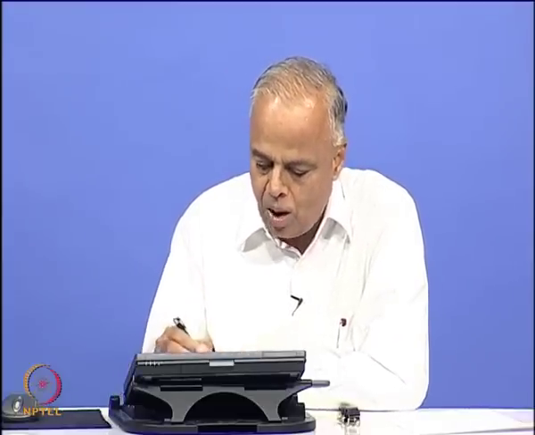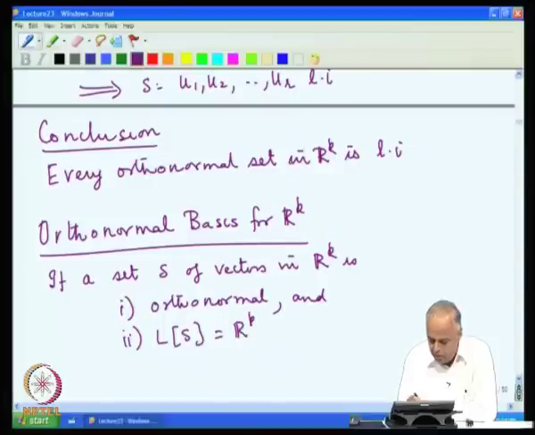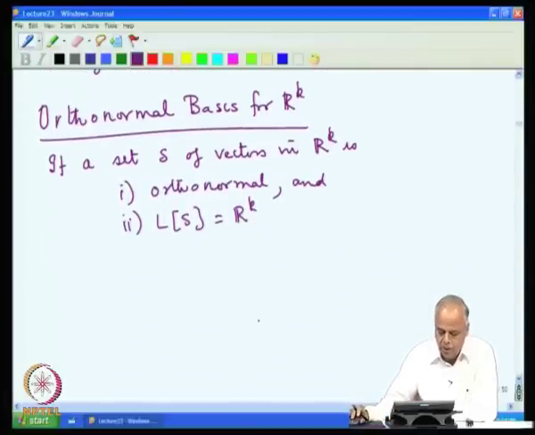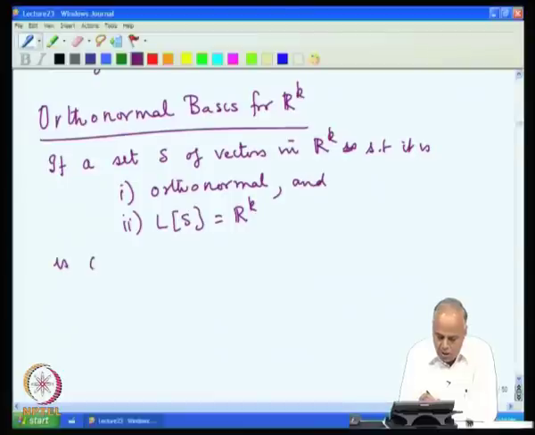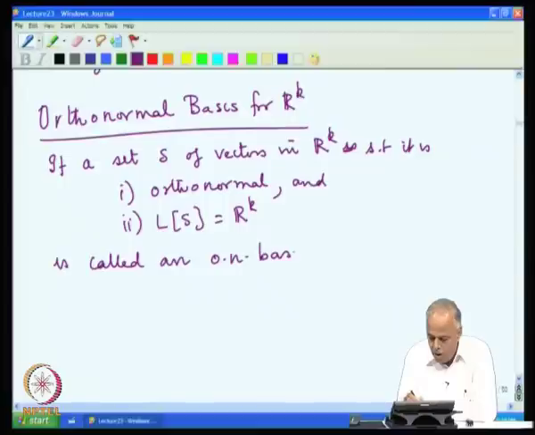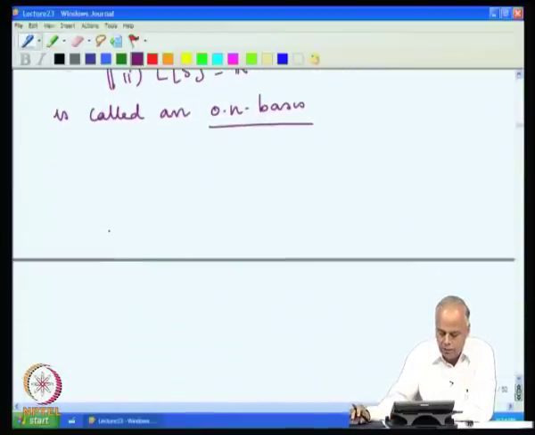So, we want orthonormal and it spans, that is, the span of the set S is R k. Such a basis is called an orthonormal basis. So, a set is an orthonormal basis if it is orthonormal and it is a spanning set. These are the two things required for a set to be an orthonormal basis.